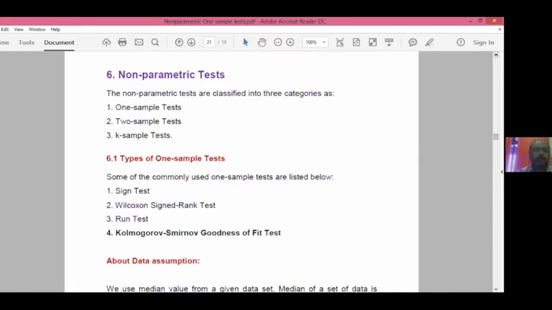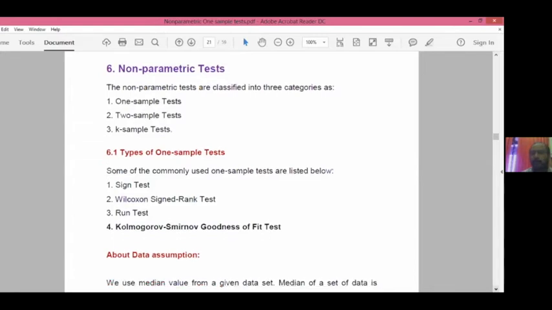Okay, so types of one sample tests. Some of the commonly used one sample tests are listed here: sign test, Wilcoxon signed rank test, run test, and the fourth one is Kolmogorov-Smirnov goodness of fit test. I have to focus only on the first three, not the fourth, because of the time constraint.